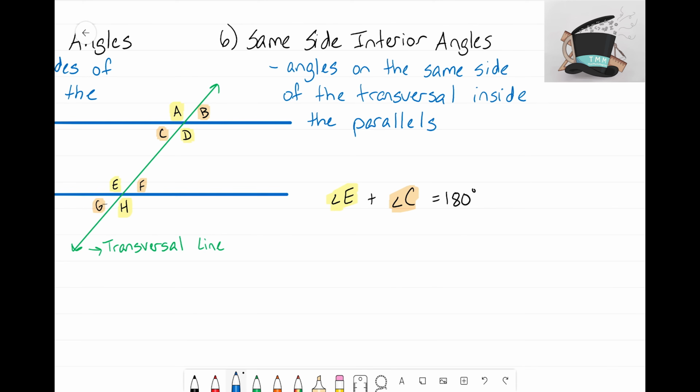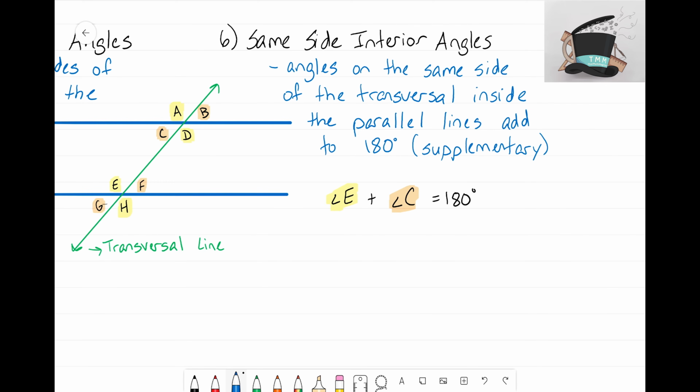Let's finish our definition. Angles on the same side of the transversal inside the parallel lines add up to 180 degrees. I'll put in parentheses, they are supplementary.